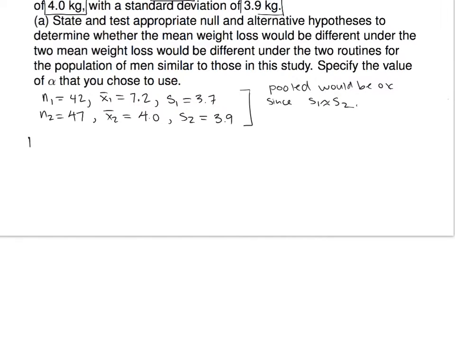Okay. So step number 1 is to do the hypotheses. Okay, so in words, what's the null hypothesis going to be? That men who go on a diet lose the same amount of weight as those who exercise.